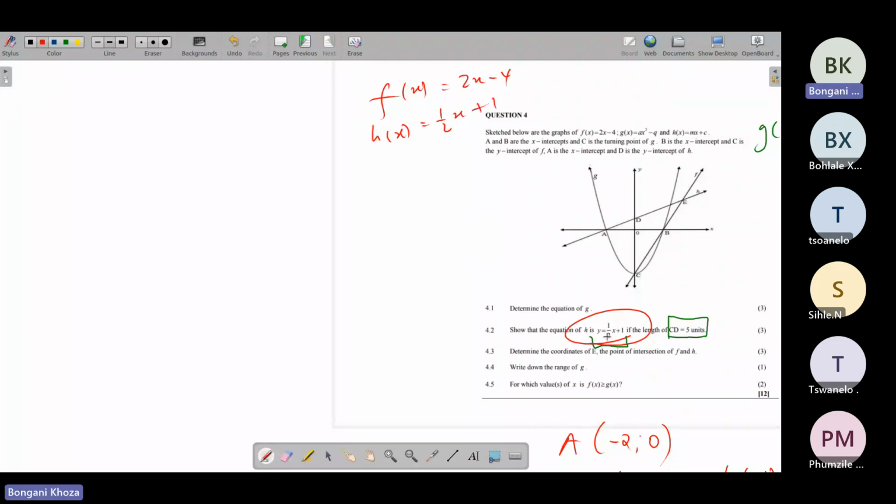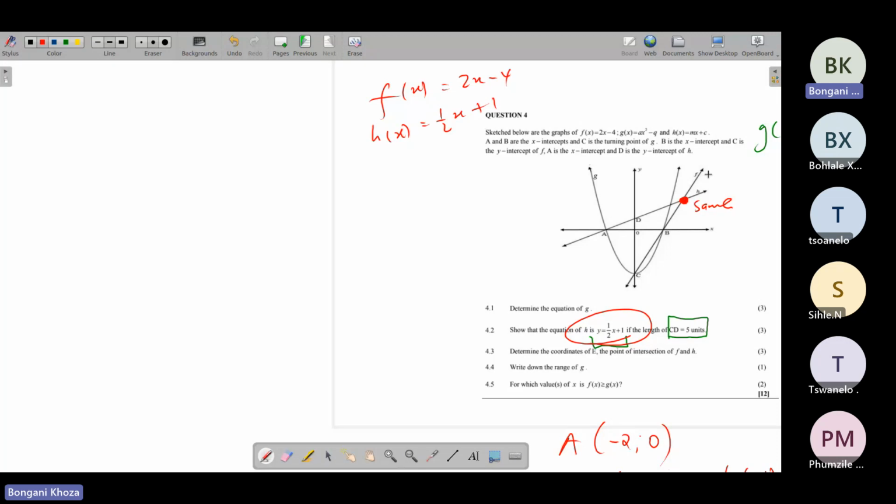So they are asking us to find the coordinates of E. E is over here. Point of intersection is where the two lines or the two graphs meet, right? Where those two graphs meet, they have the same coordinate.